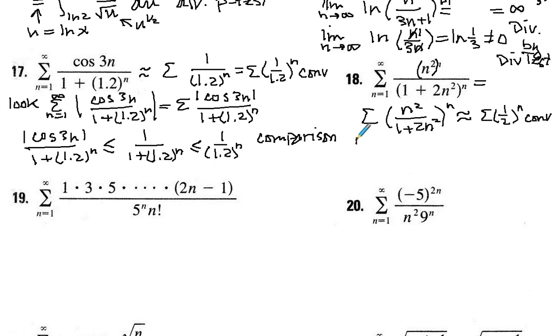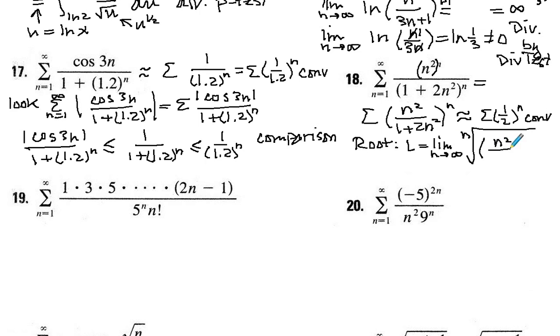Okay, so we're going to use a root test on this. This converges because it's geometric. So in the limit, this thing that needs a root test looks like a geometric series. So we're going to do the root test: let L be the limit as n goes to infinity of the nth root of the absolute value of this thing, but if n is positive, this is all positive, so we really don't need the absolute values.